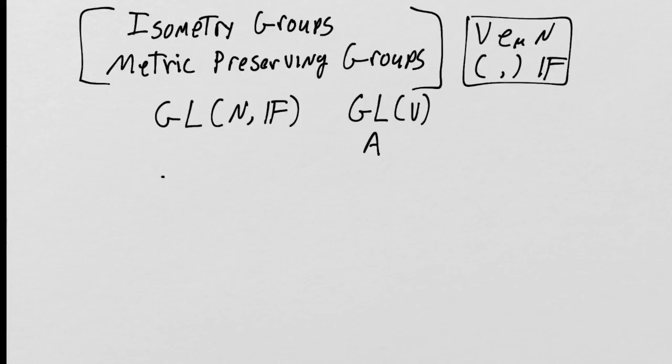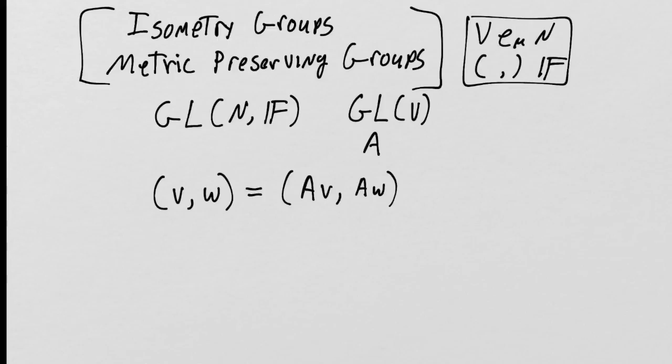Well, what I'm interested in is if I take a vector V and a vector W, I want that inner product to equal the inner product of AV and AW. Meaning if I run the transformation on the two vectors, I don't want it to change the inner product. I want this inner product to be exactly the same.